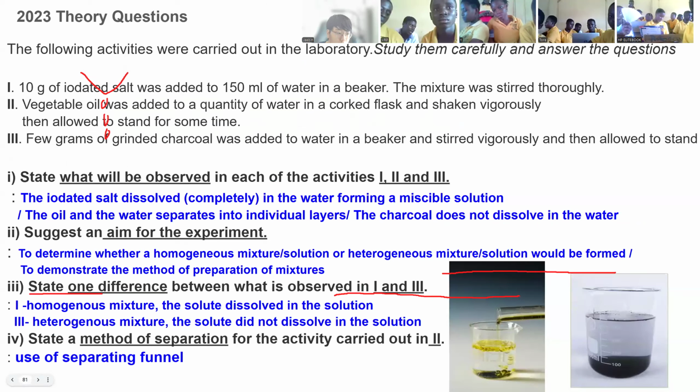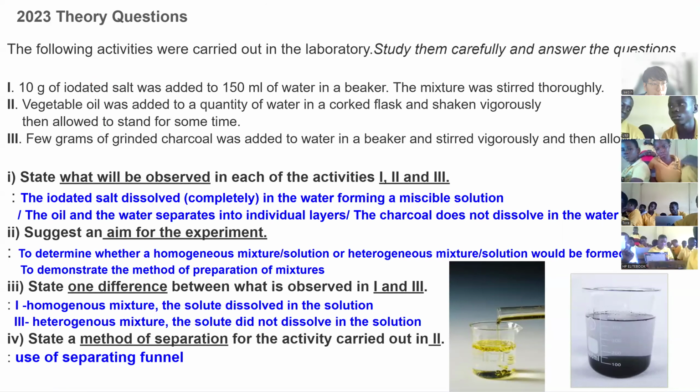This is the last question that we will do today. And the following activities were carried out in the laboratory. Study them carefully and answer the questions. So this is what they did. 10 grams of iodinated salts was added to 150 milliliters of water in a beaker.